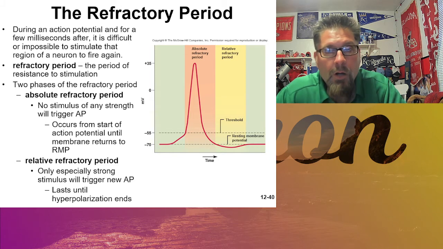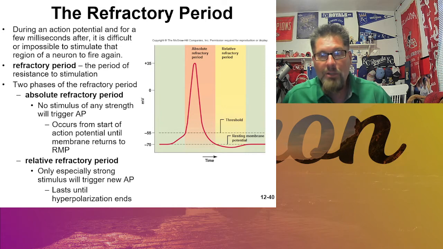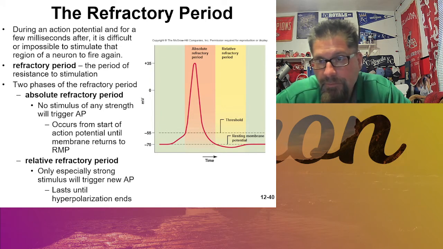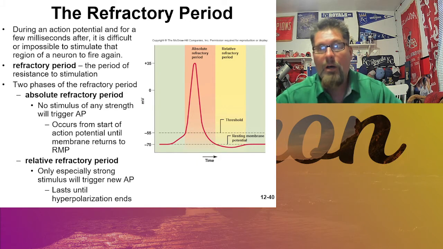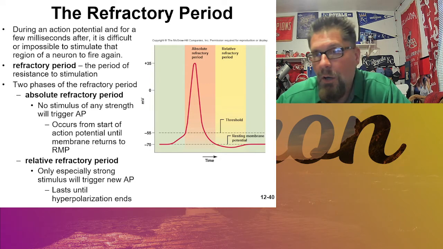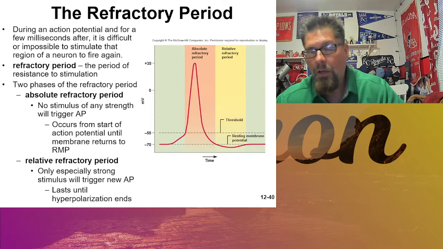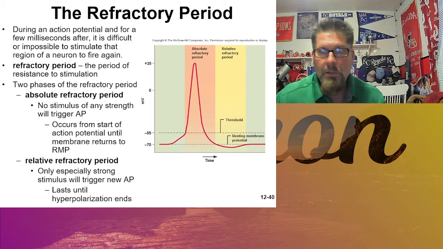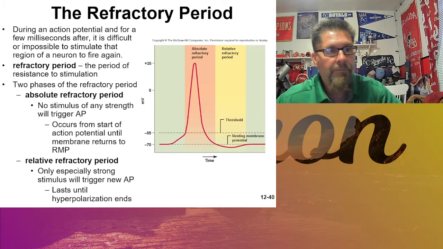Then in the relative refractory period, which is the yellow box, a strong stimulus can fire it, but it has to be super strong. As long as it's in a hyperpolarization stage, it's in the refractory period.